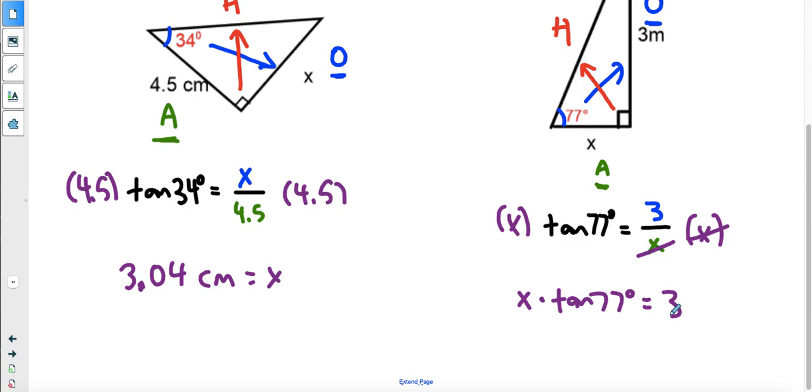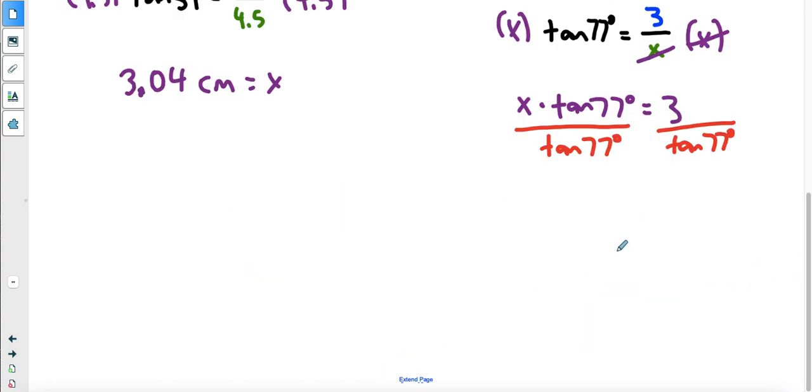Okay, I'm not done yet though. I have this tan of 77 degrees here on the left. To get x by itself, I need to divide by tan of 77 degrees. And then x is just going to be 3 divided by tan of 77 degrees.